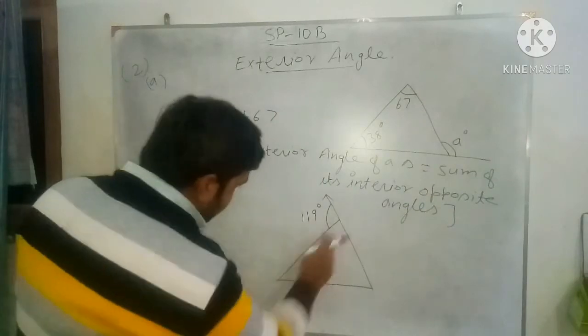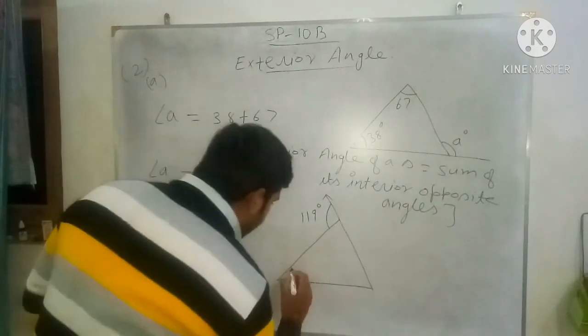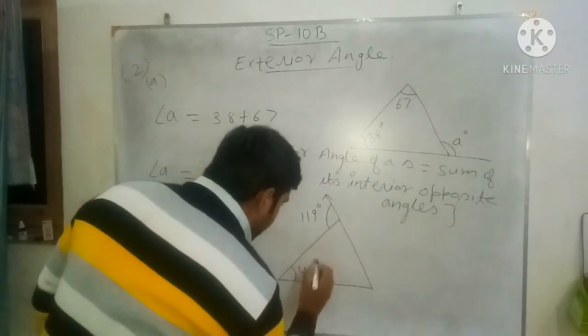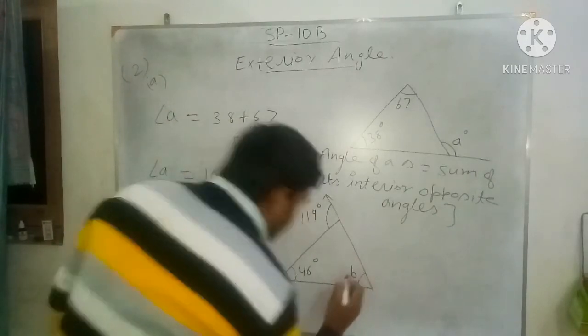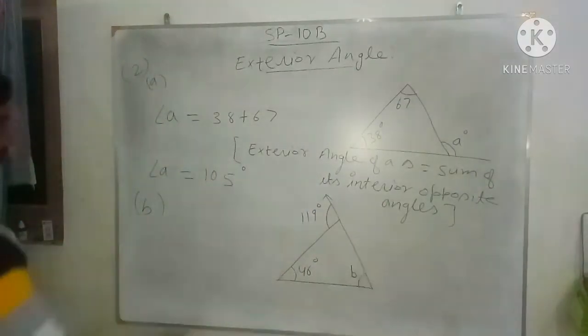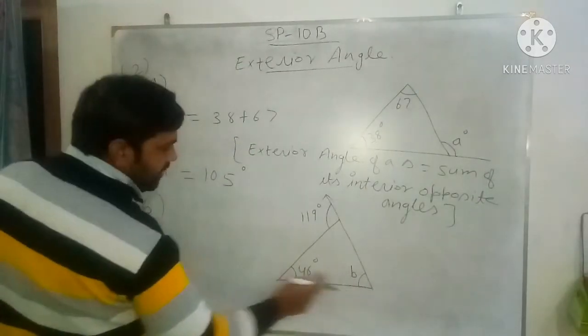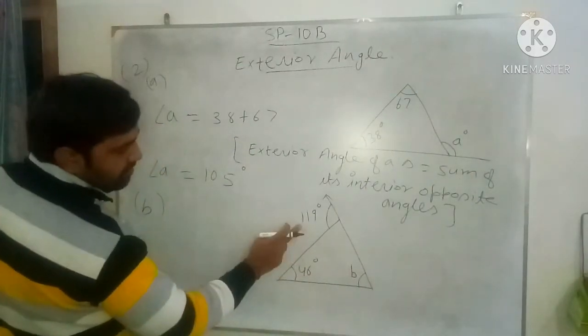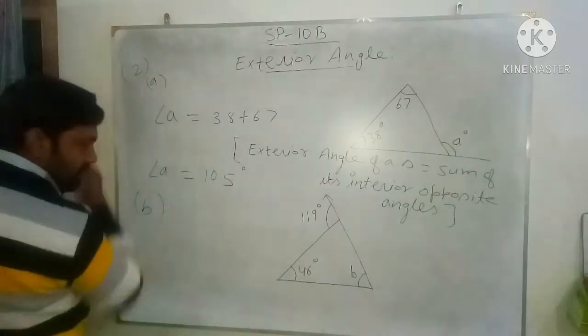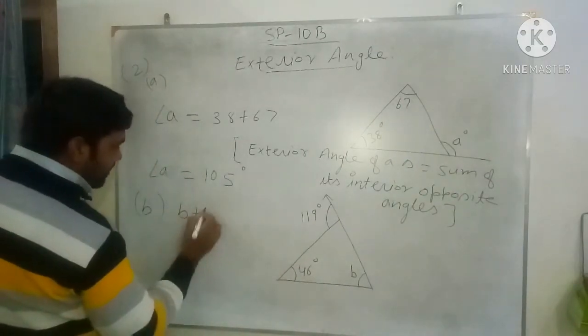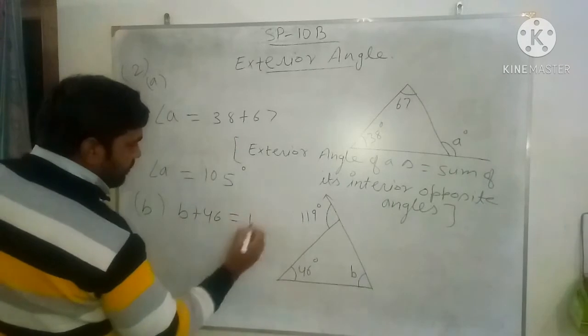Now its interior opposite angles are given, one is 46 degree and the other is B. Similarly in this also, the exterior angle is equal to the sum of its two interior opposite angles. So what you write? B plus 46 is equal to 119.